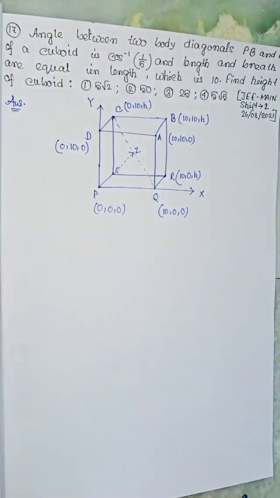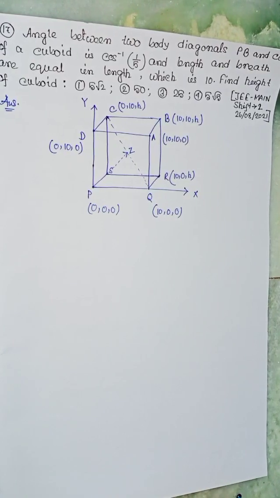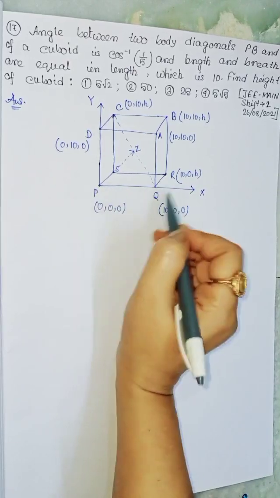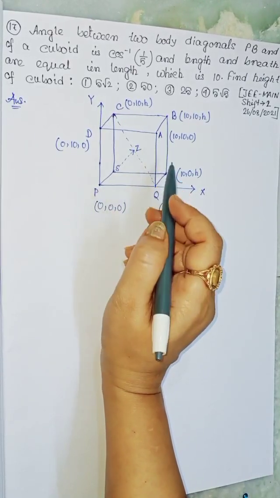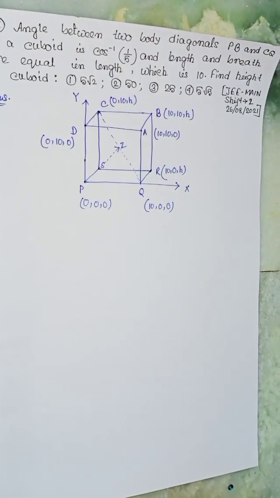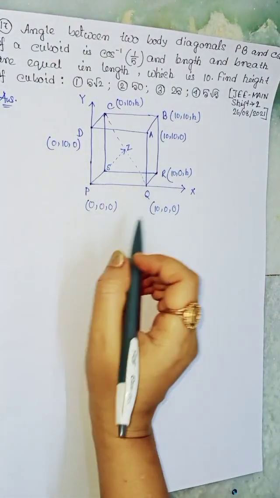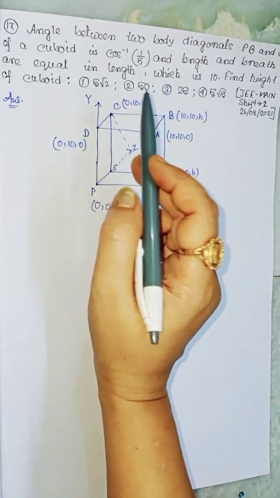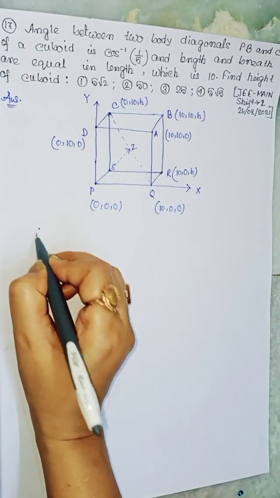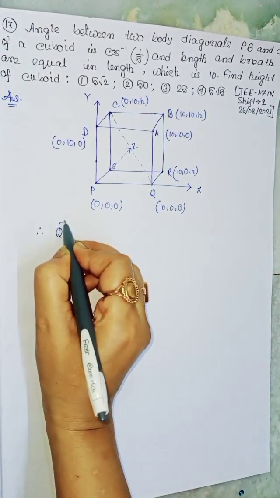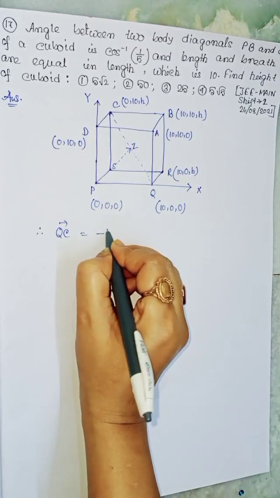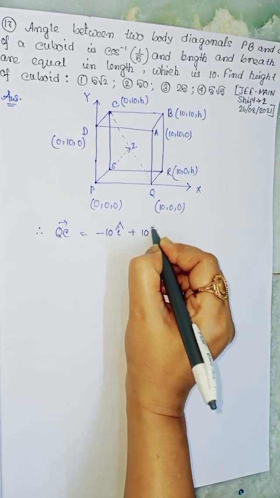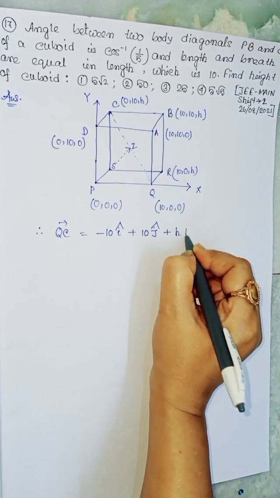So now the angle between PB and CQ of the cuboid is cos inverse 1 by 5. Therefore QC is equal to minus 10 i cap plus 10 j cap plus H k cap.